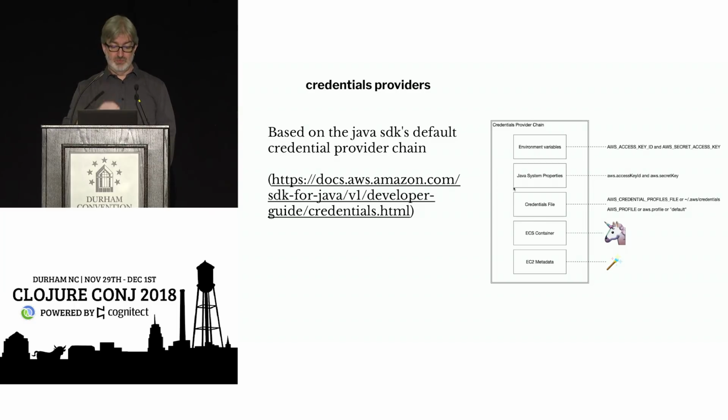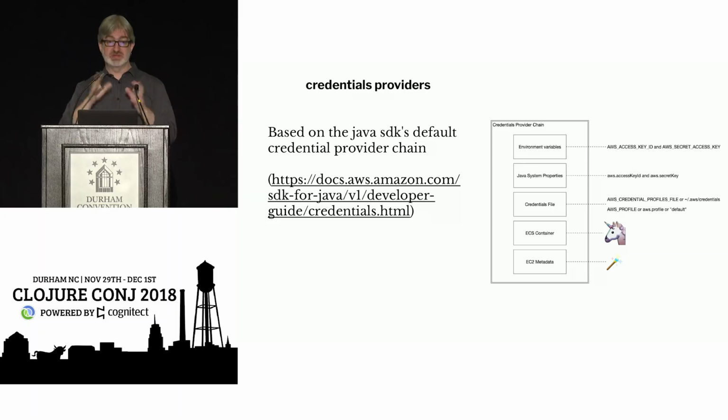You can go read this page for more detail, but basically, first it looks to see if these environment variables are there. If they're not there, it looks at your system properties. If there's nothing there, it looks at your credentials file, and you have an opportunity here to say, instead of using the default credentials file, which is in your home directory, use this credentials file.